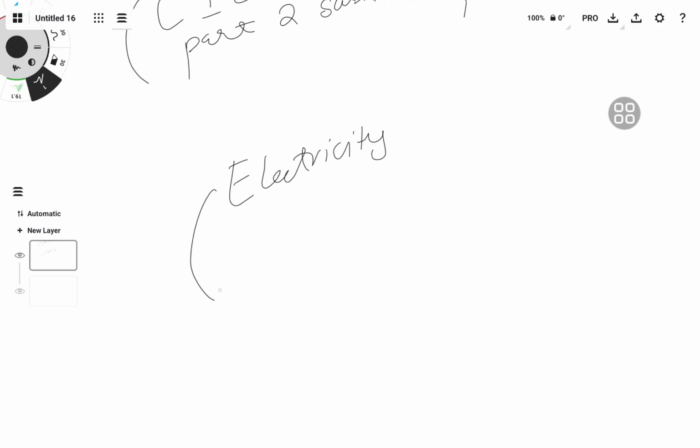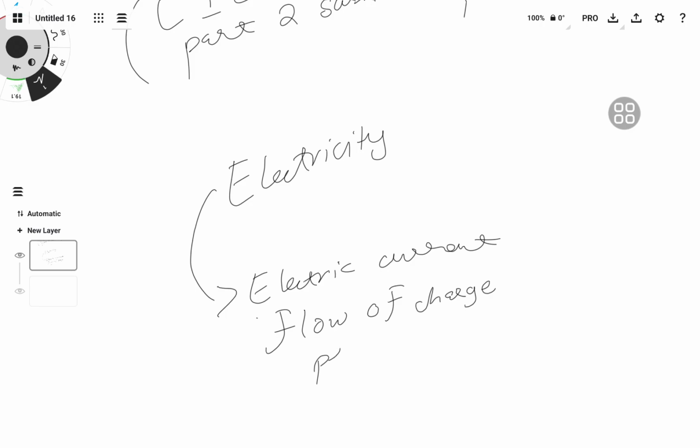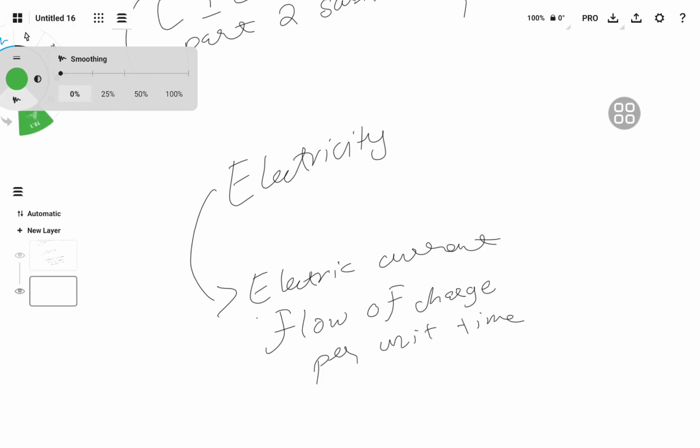So we have electric current, which is the rate of flow of charge, which is basically the flow of charges in a circuit from one place to another. That is the definition: flow of charges per unit time.